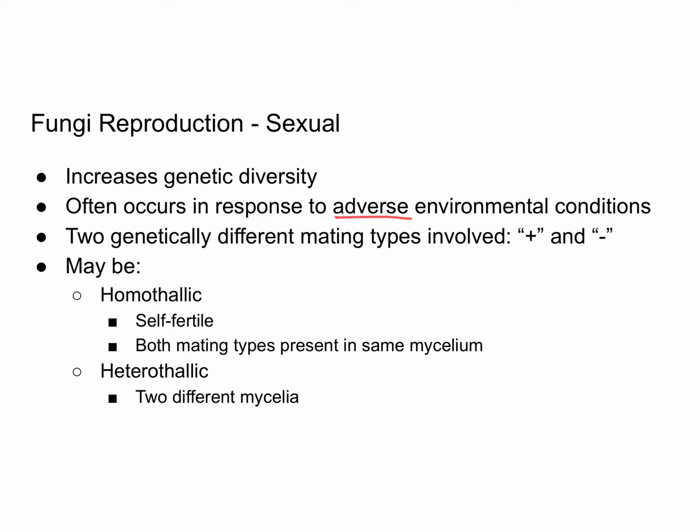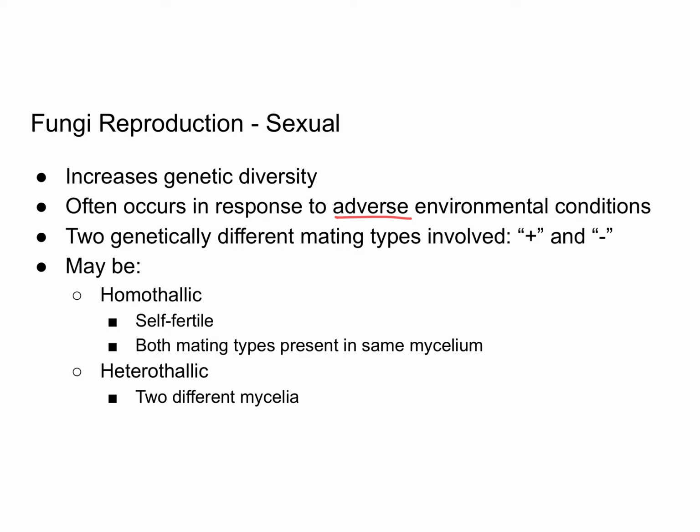So we mentioned that some fungi can actually switch between asexual reproduction and sexual reproduction. So asexual reproduction is typically faster and easier in the sense that it takes fewer resources in order for an organism to reproduce asexually.